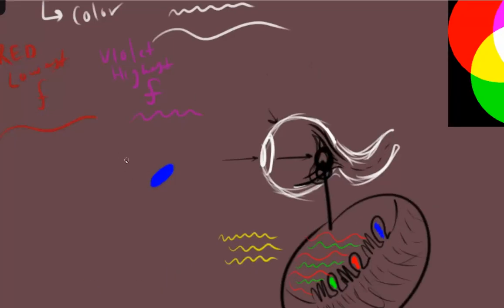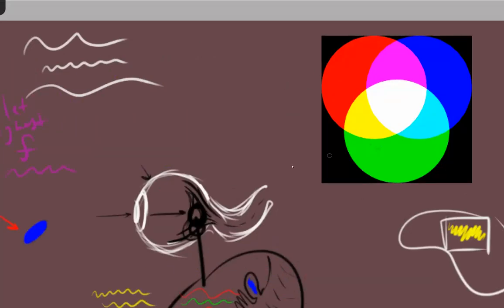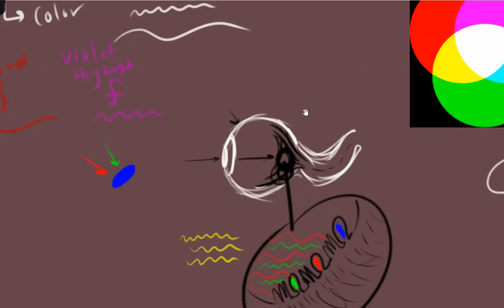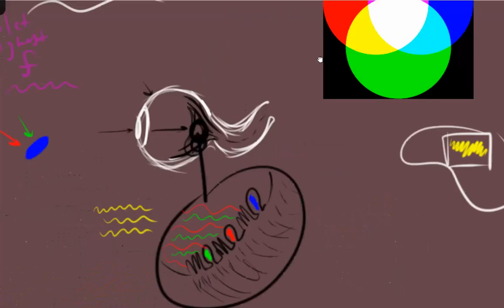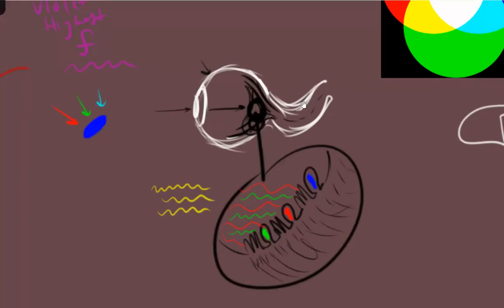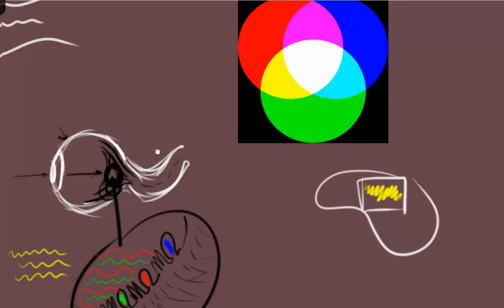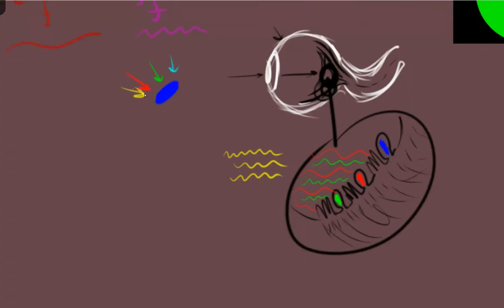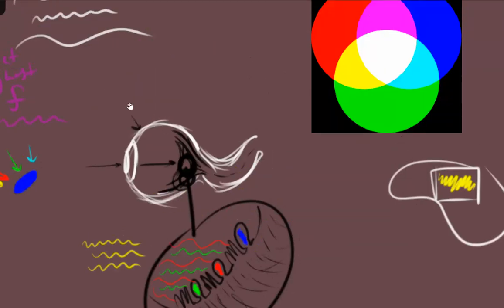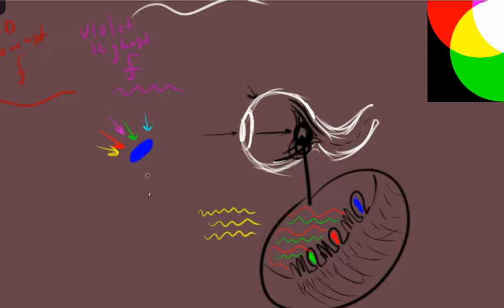So red's coming in, green's coming in, cyan's coming in, yellow's coming in, and this fuchsia violet is coming in.